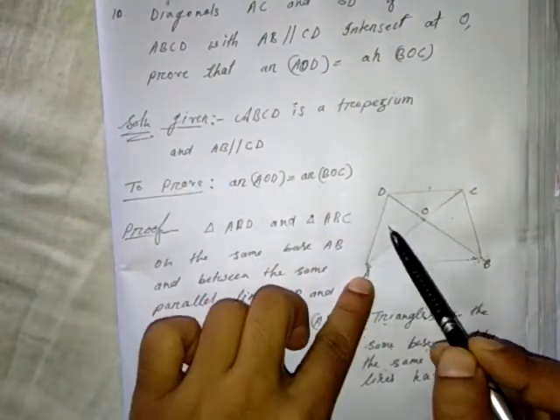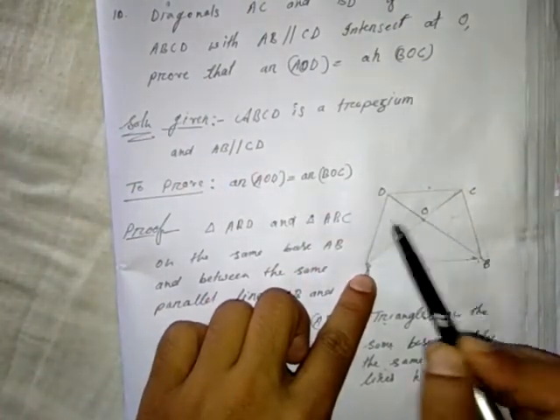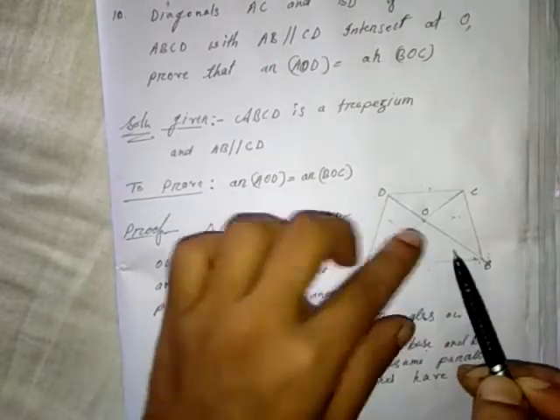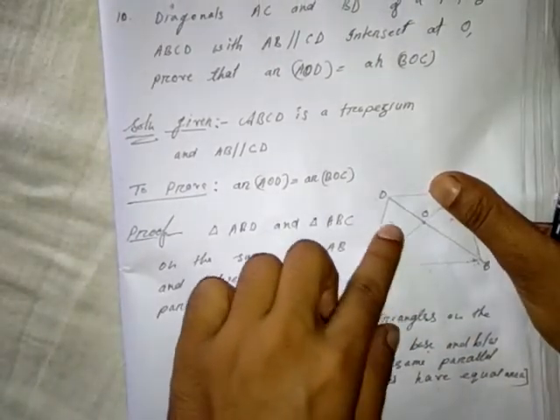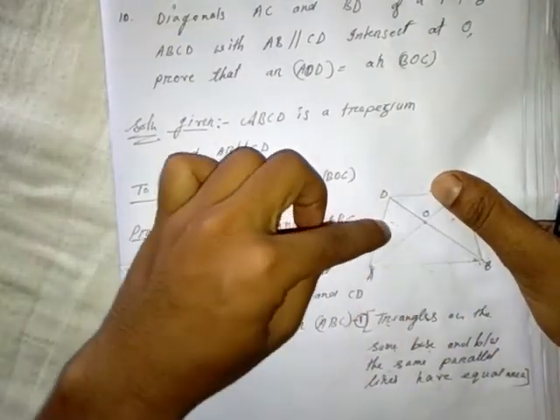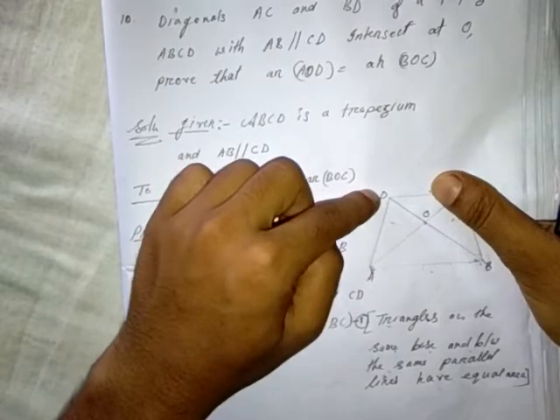We have to prove that these two portions will be equal to each other, isn't it? So from this triangle we deduct this portion AOB, and we get this one, AOD.